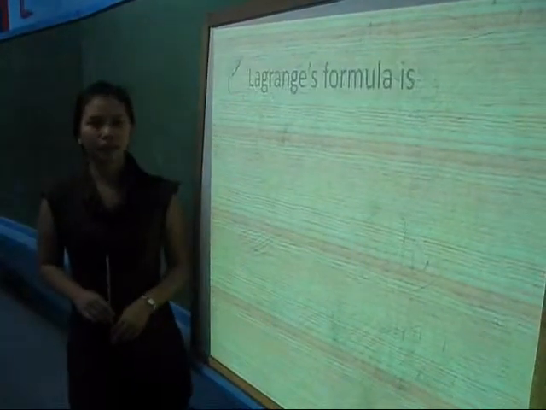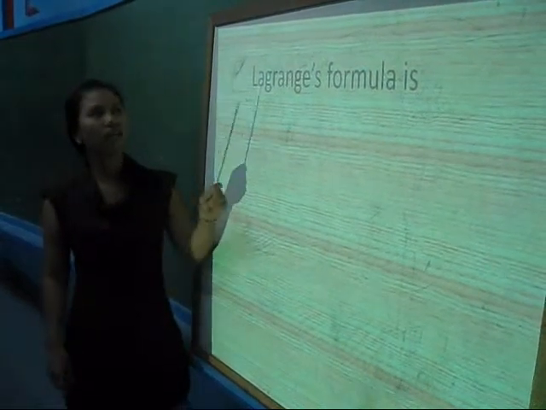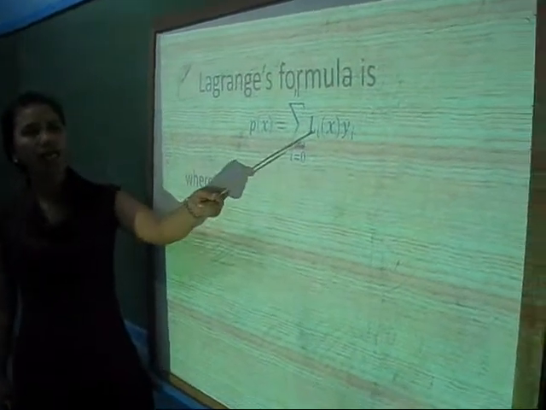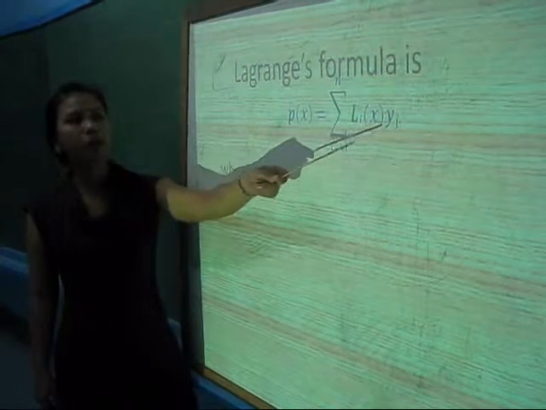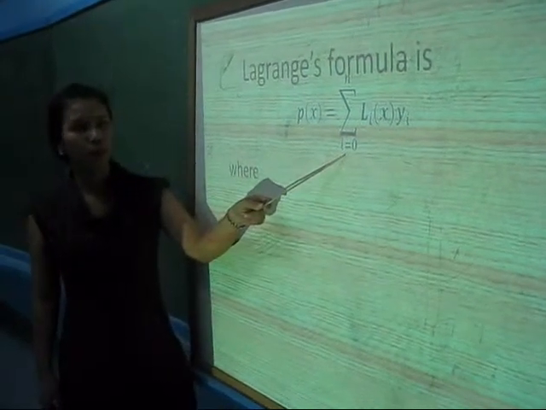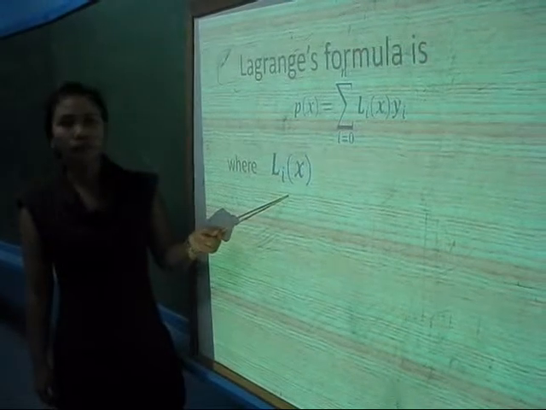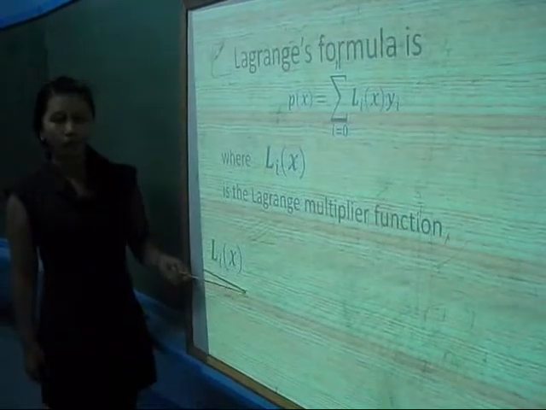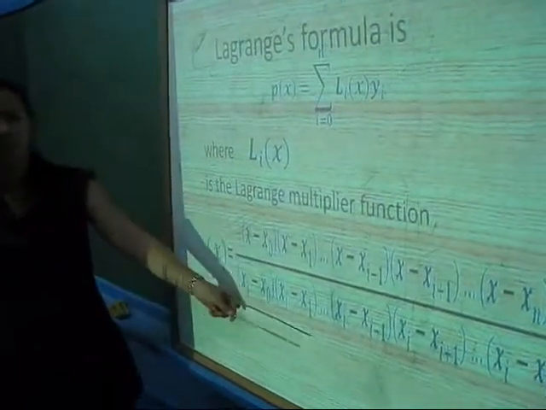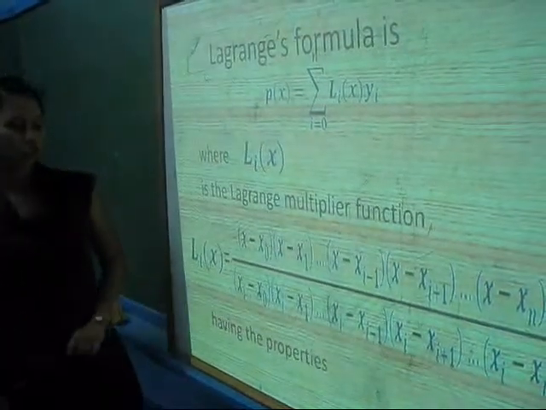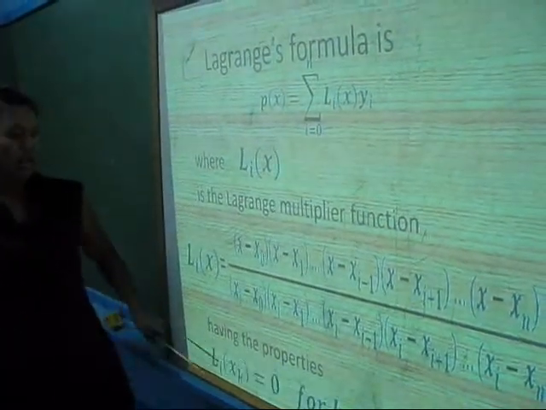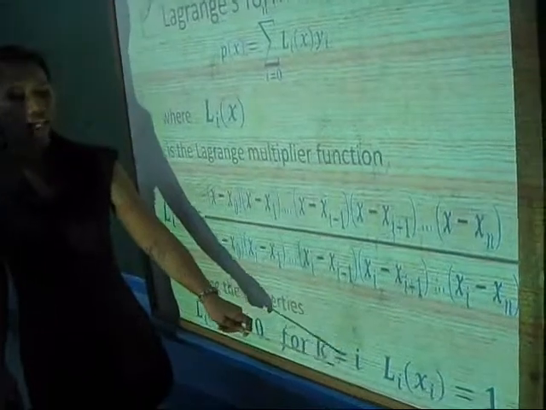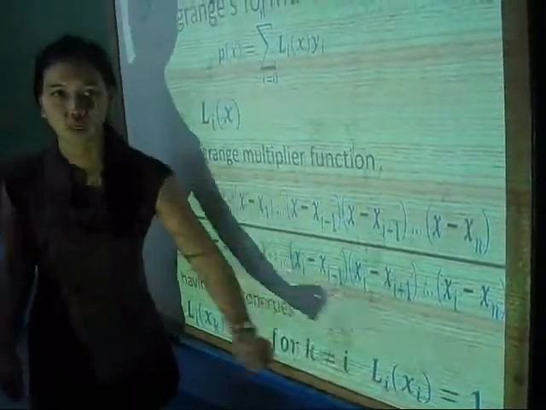In connection with the derivation that we had earlier, the Lagrange formula is p of x equal to the summation of L sub i of x times y sub i, where i is equal to 0 up to n, where L sub i of x is the Lagrange multiplier function, and L sub i of x is equal to this expression having the properties L sub i of x sub k is equal to 0 for k not equal to i, and L sub i of x sub i is equal to 1.